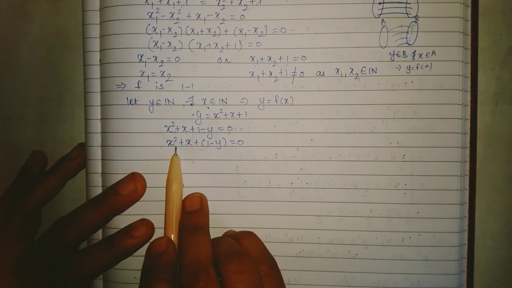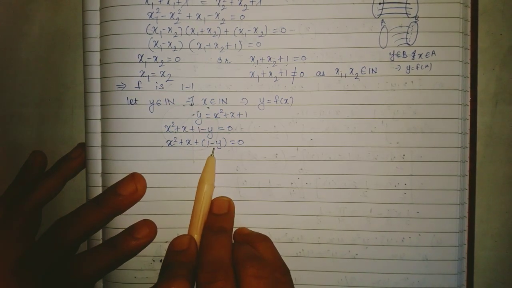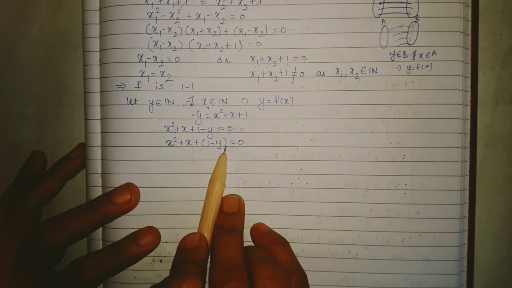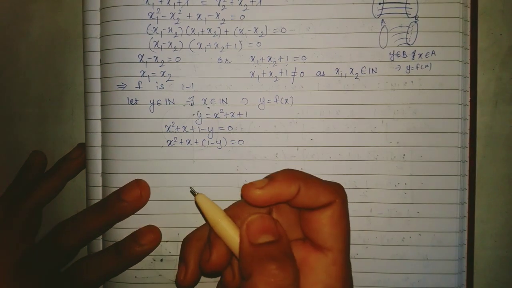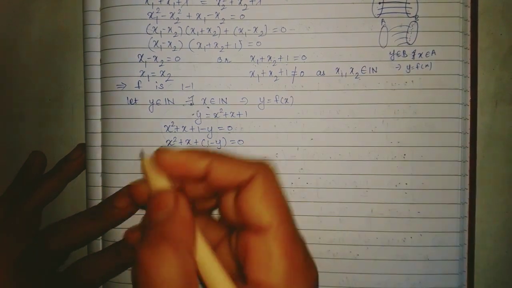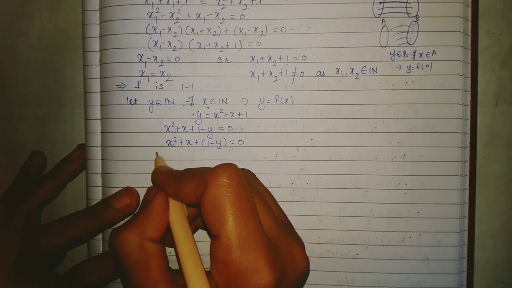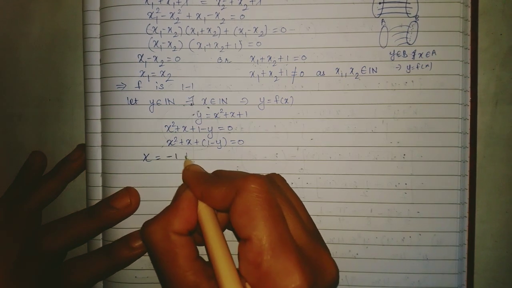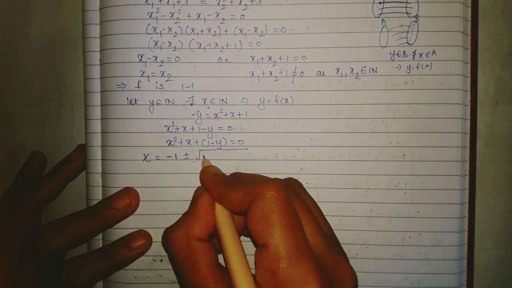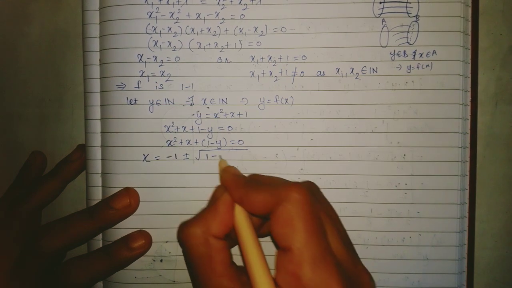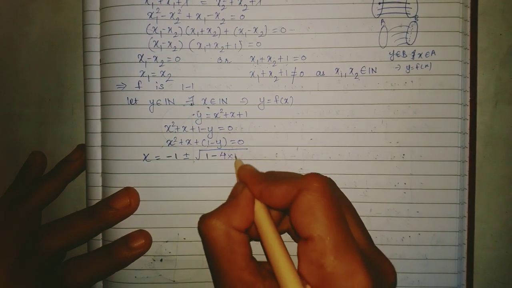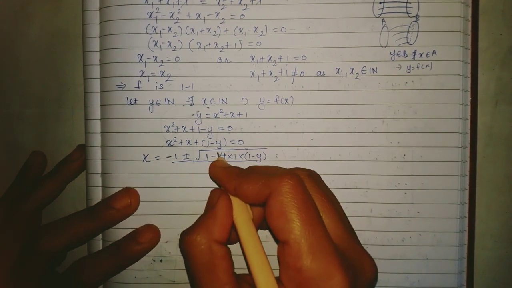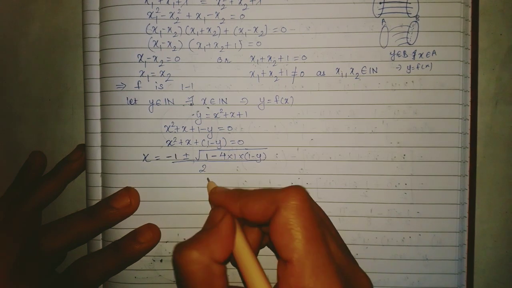So this is of the form a x square plus b x plus c. So we can use here our discriminant thing, that is you have to use the quadratic formula. So x equal to minus b plus or minus root of b square minus 4 into a into c upon 2a, so 2 into 1.